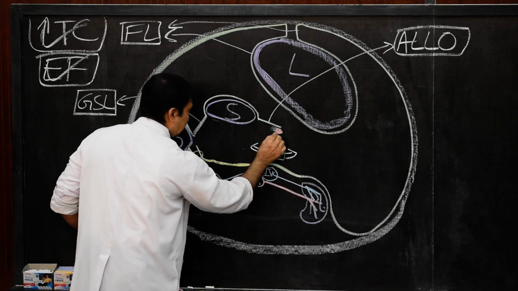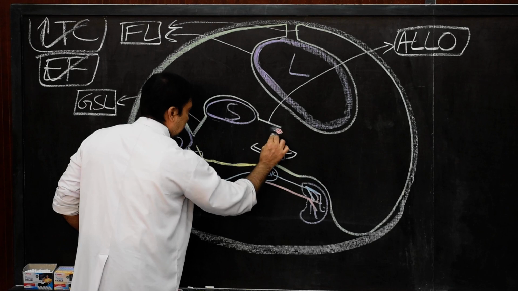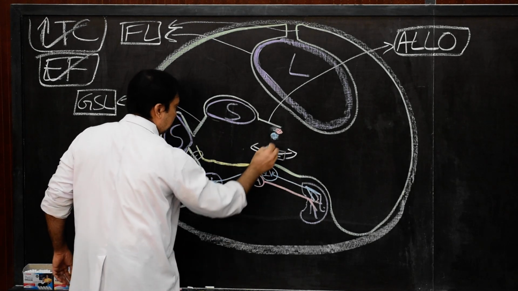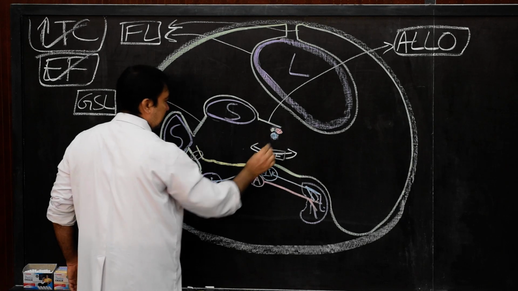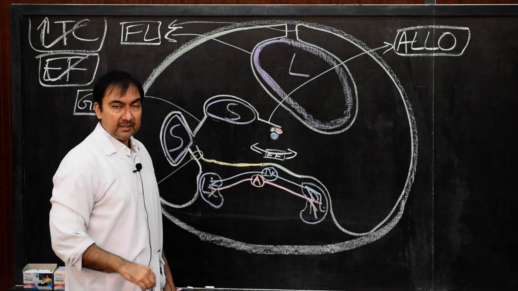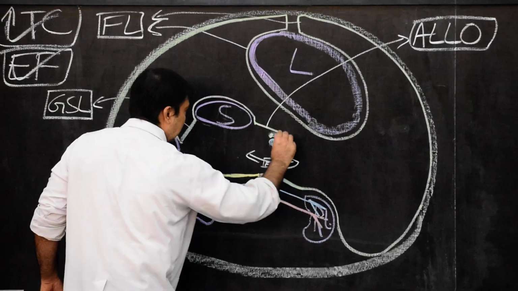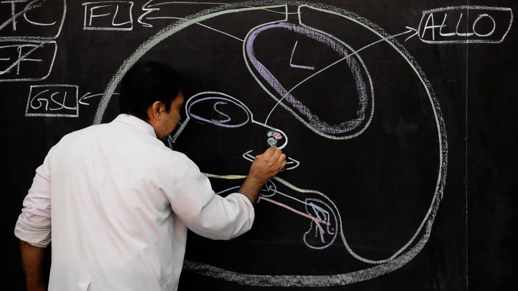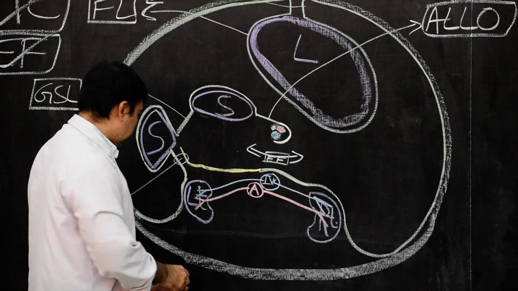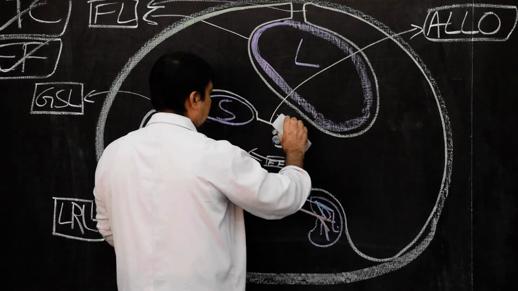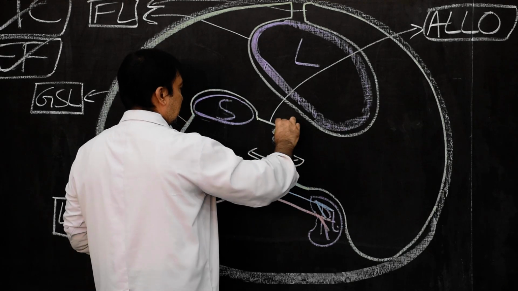Then here there will be the portal vein on this side, and there will be the bile duct. So these are the three structures: hepatic artery, bile duct and portal vein. And then it will form the right free margin around it, and that right free margin, once again I will use the green color.